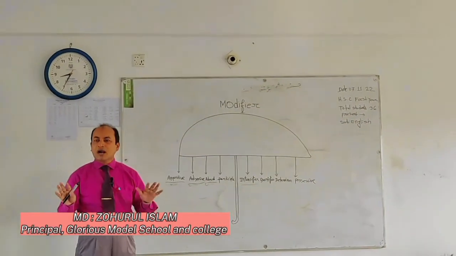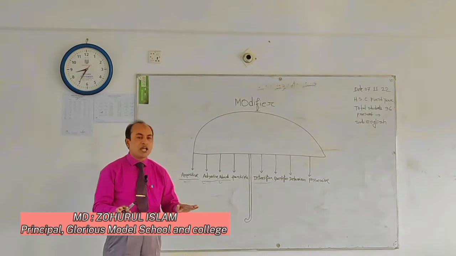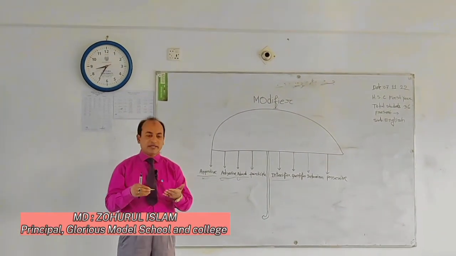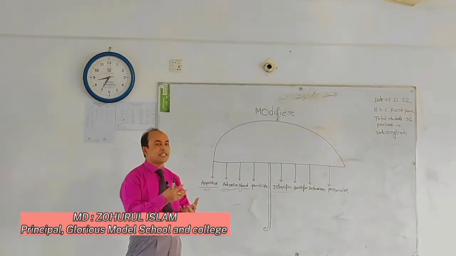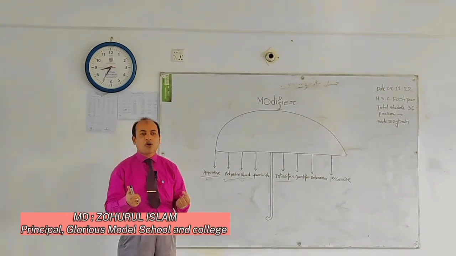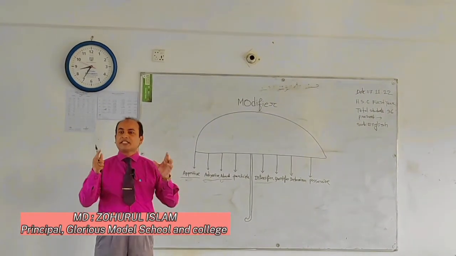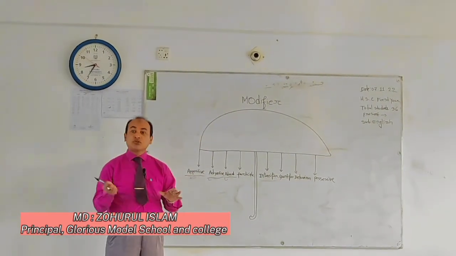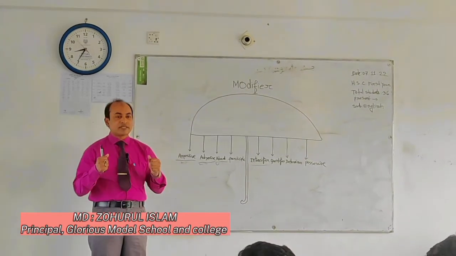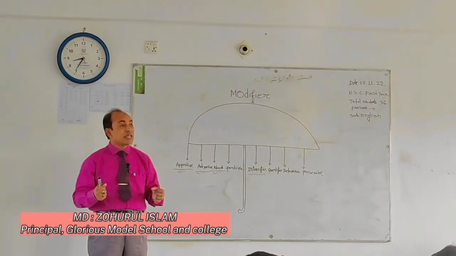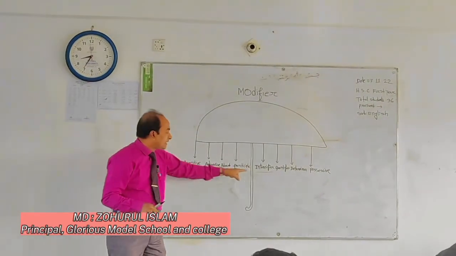Intensifier. Intensifier means the word that is used before an adjective, and when it makes the adjective important or strong, that is called intensifier. I again say, intensifier means the word that makes the adjective strong. Suppose he is very honest. How much honest? Very honest. So very is an intensifier.